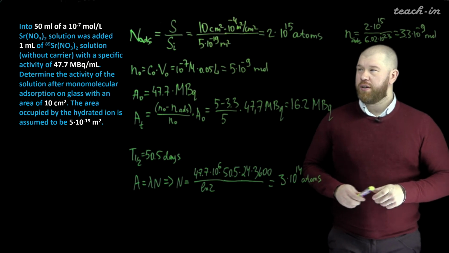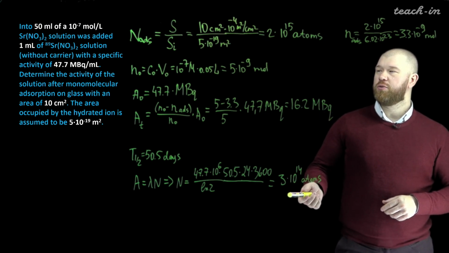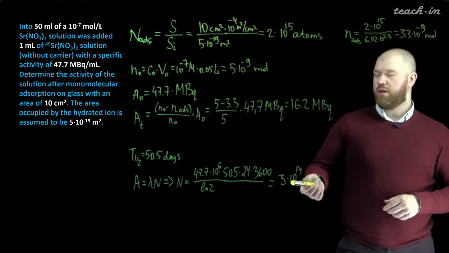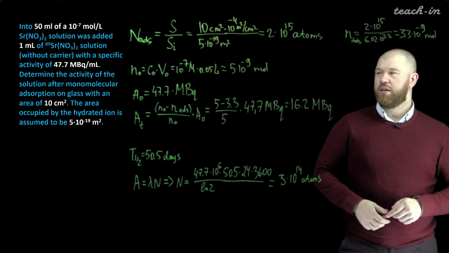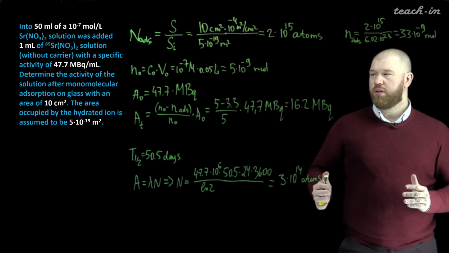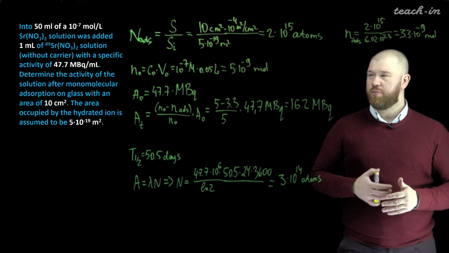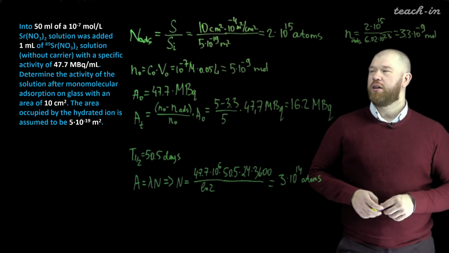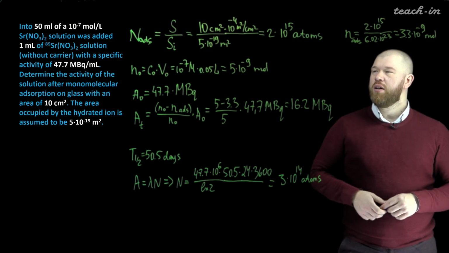That means that all the activity of our strontium-89 would be sorbed on the glass if there were no stable strontium, if we didn't add some stable carrier.